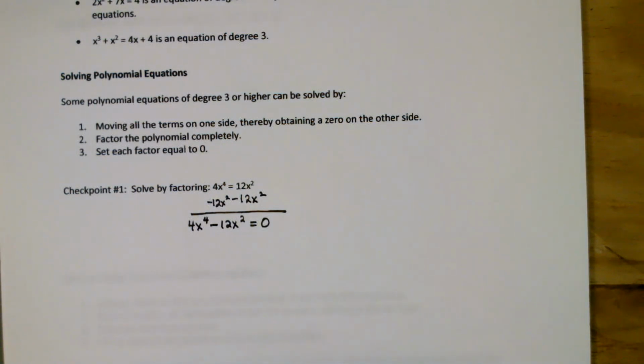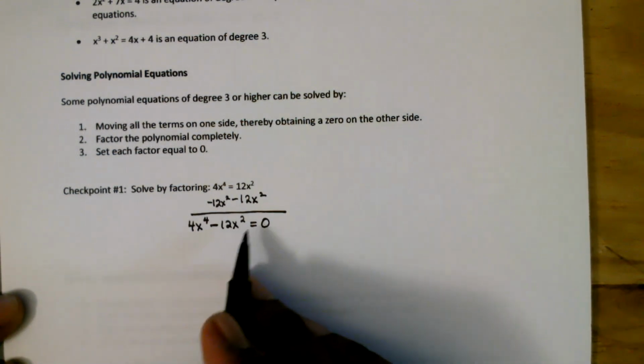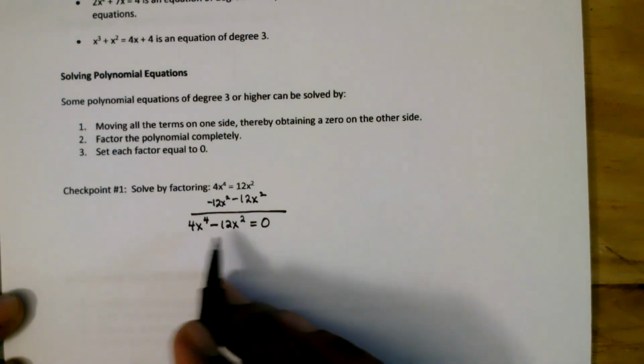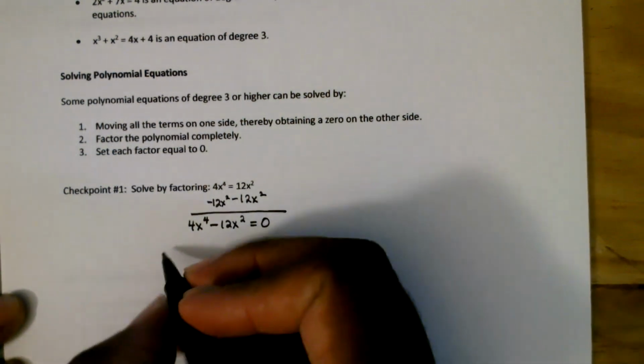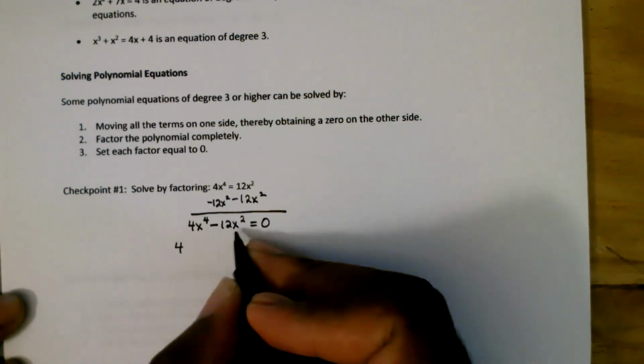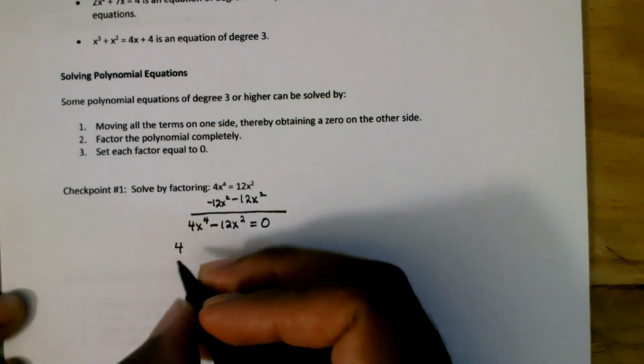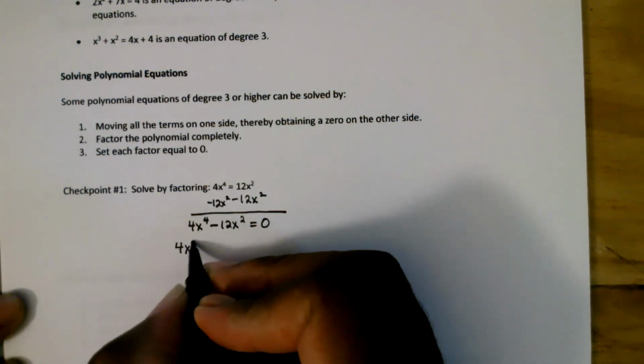And then I need to factor the left side completely. In other words, I need a common factor that's in 4x to the 4th and 12x squared. Well, for the 4 and the 12, the greatest common factor there will be 4. For the x, I use the x term that has the smallest exponent, and that's going to be x squared.